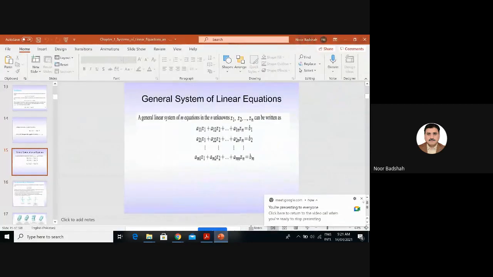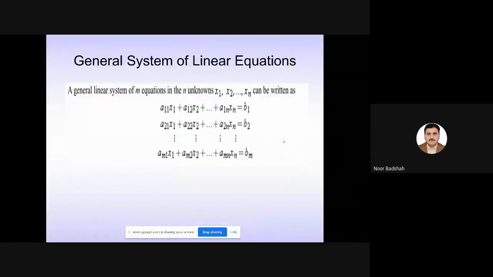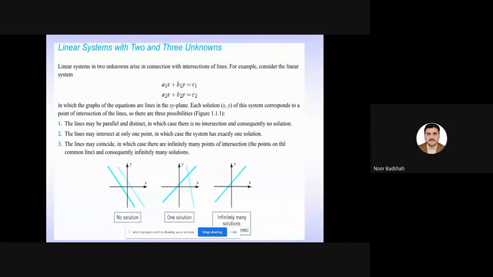Okay, next we talk about the solution of a system of equations. First we discuss that geometrically. What do we mean by the solution of a system of equations? If you talk about a system of equations in two variables, an equation in two variables is basically representing a straight line.